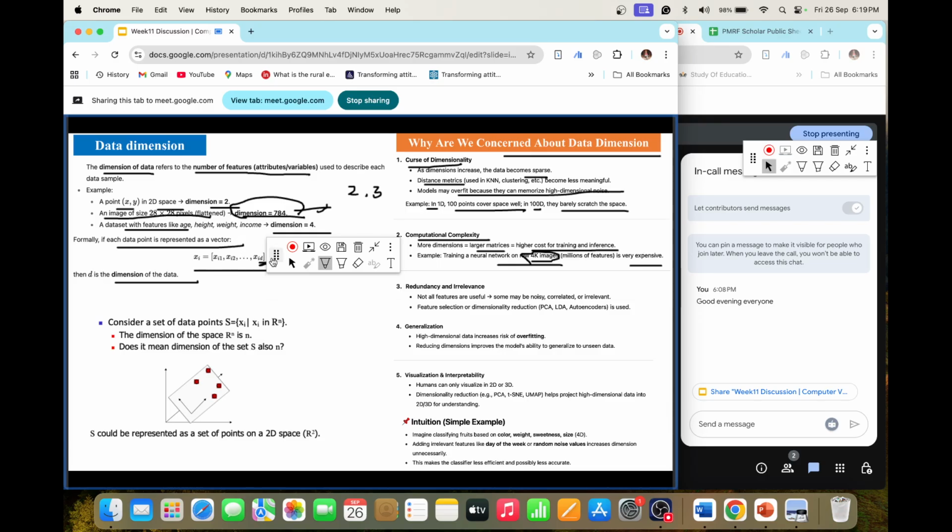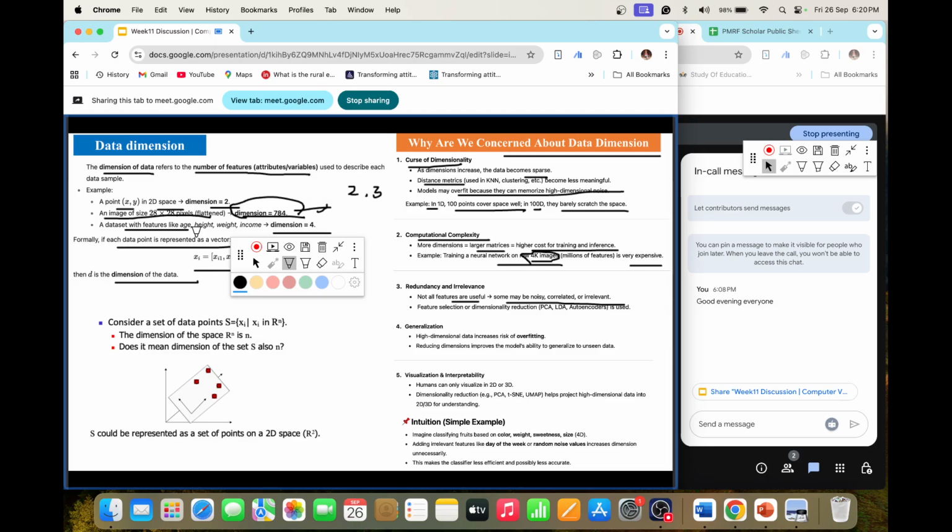Third is redundancy and irrelevance. Not all features are useful. Some may be noisy, correlated, or irrelevant. For example, for selecting a person in a sports team, how many matches he has played is okay, and height and weight are okay, because those may be required.